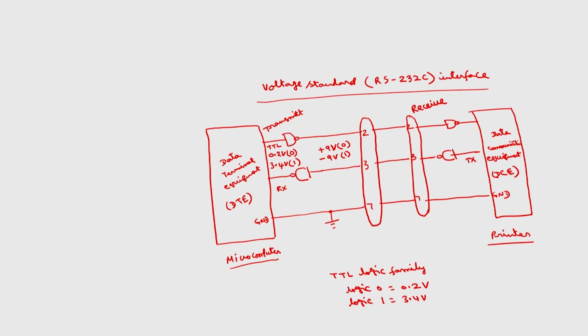In order to convert TTL into RS-232C voltage levels, we can use a circuit called MC1488. This MC1488 converts TTL levels to RS-232C levels.